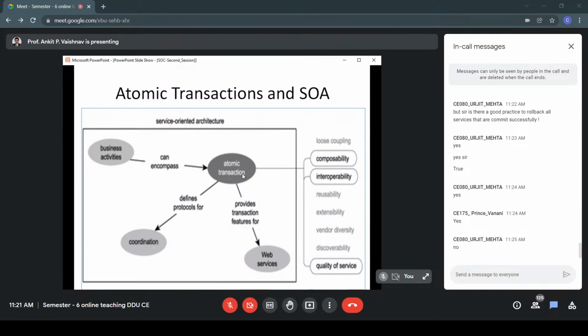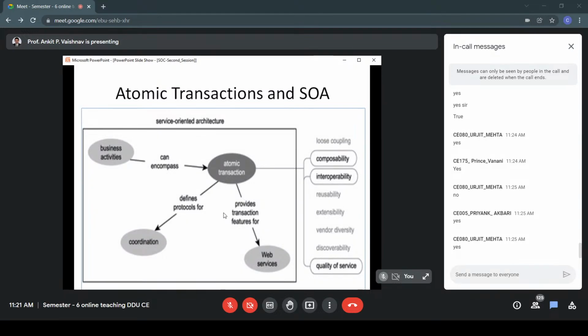Do we require atomicity in the entire banking application? No, obviously. So a banking application is one large business logic, one large business activity, but we require atomic transaction only for a few functionalities. So that is why we say that business activity can include atomic transactions if required.